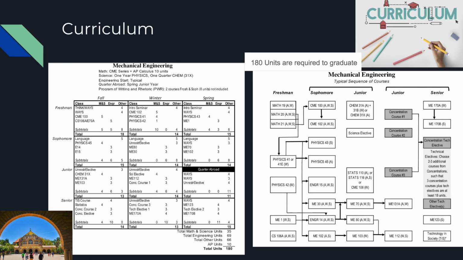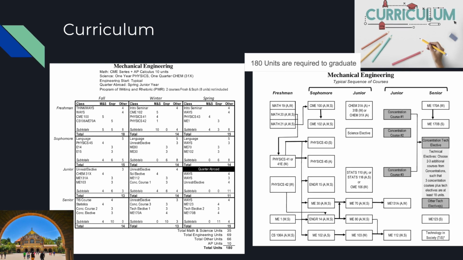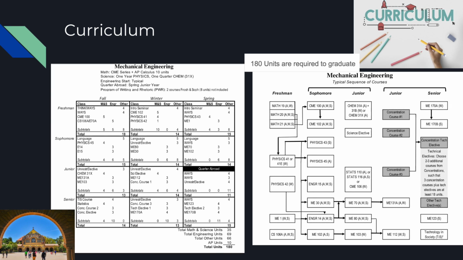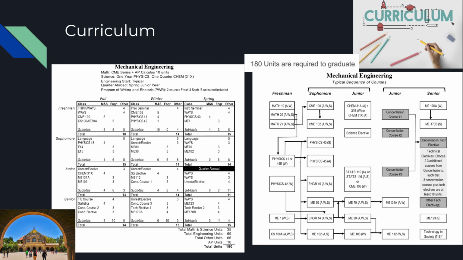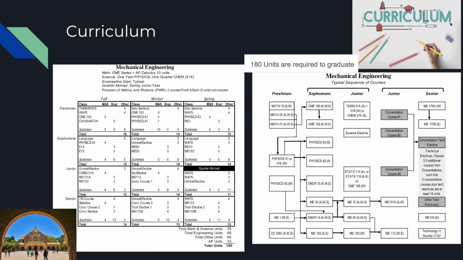Or a chemistry depth would be fulfilled by taking Chem 31 and 33, and a third higher level course. Students opting to take chemistry as their science depth must also take one quarter of physics from the 40 calculus-based series of physics classes. Courses from the Physics 20 series are not allowed.